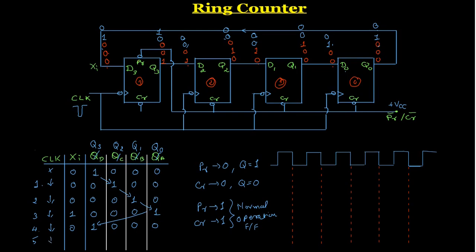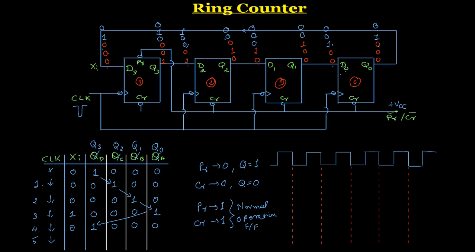Now, after applying the fifth clock pulse, what will be the position? When we apply the fifth clock pulse, the input to this flip-flop is 0, so it will be transferred to the output. The input to flip-flop number 2 is 1. The input to flip-flop number 1 is also a 0.